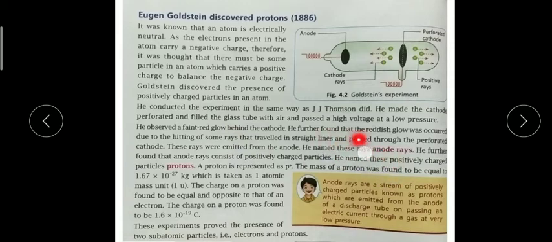He further found that the reddish glow was caused by rays that travel in a straight line and pass through the perforated plate, meaning it has holes, slit-like structures. These rays were emitted from the anode, and they glow red.